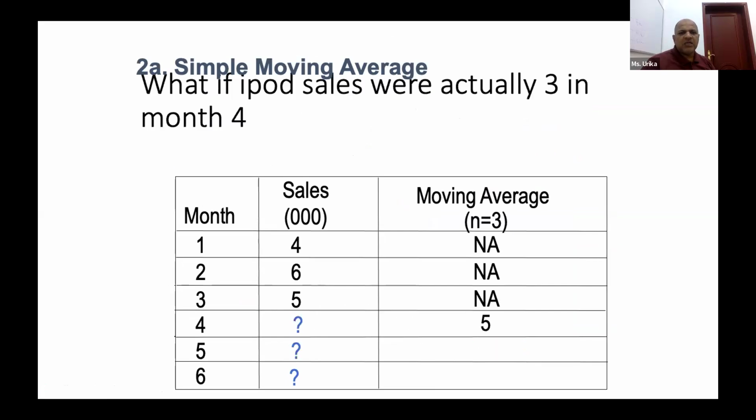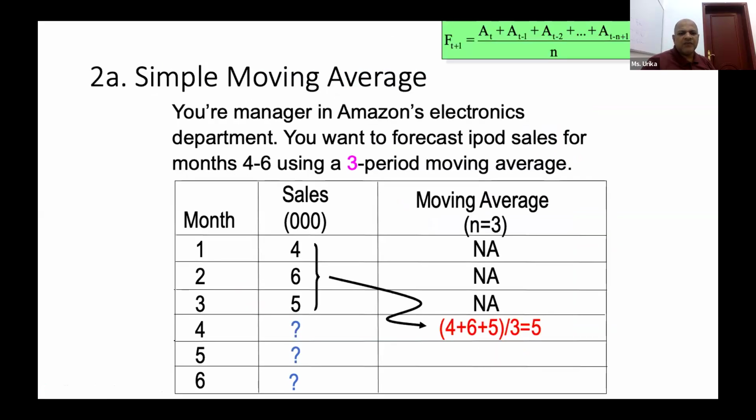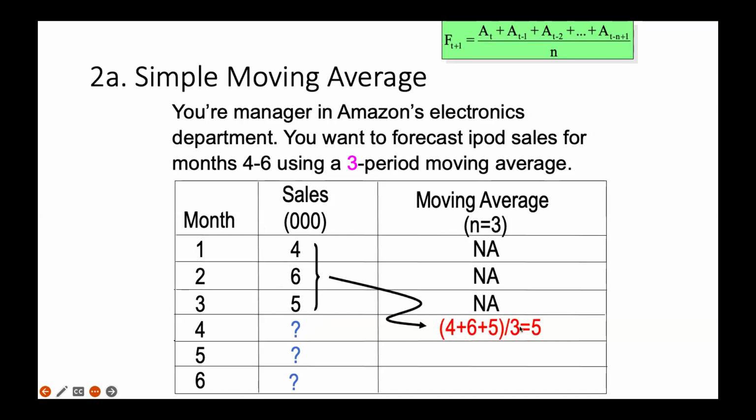You take the first three weeks or 3 months, and you base the 4th month on them. The 4th month will be decided based on the last 3 months. So what is the average? You add all and divide by 3, right? The 4th month, your sale is 5.